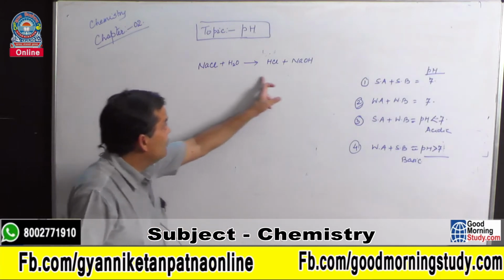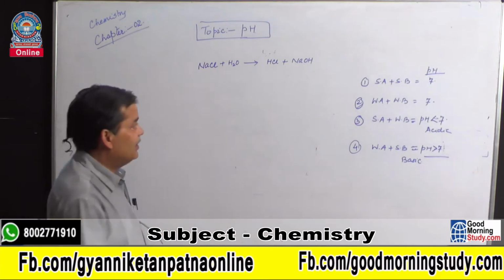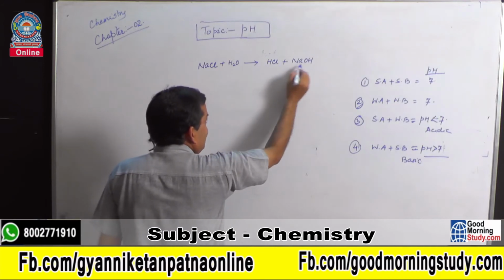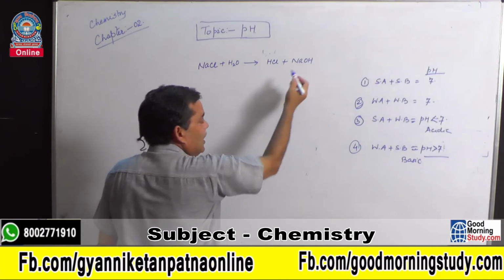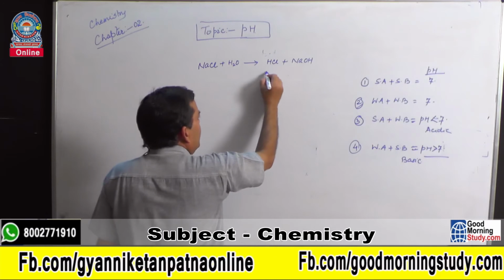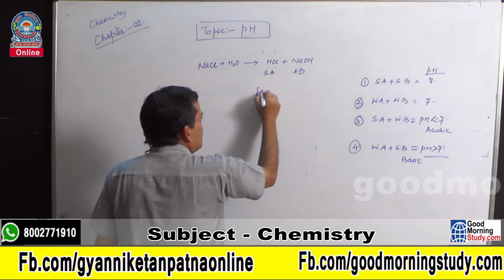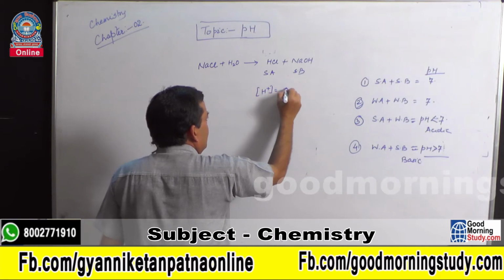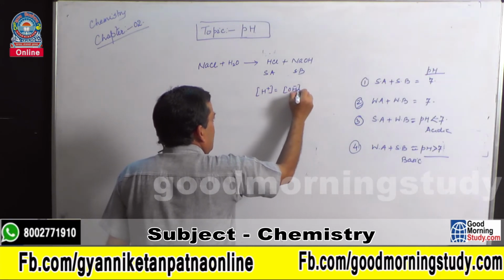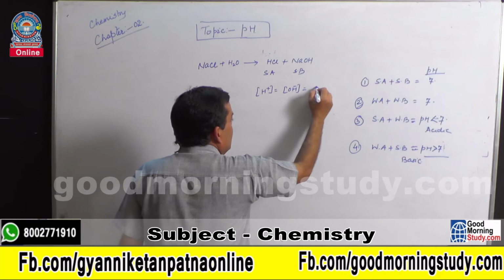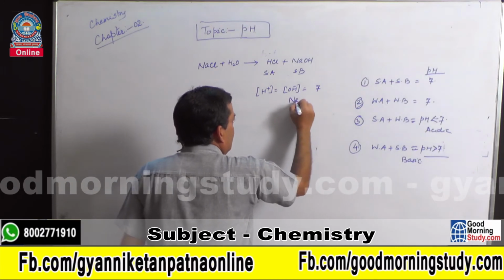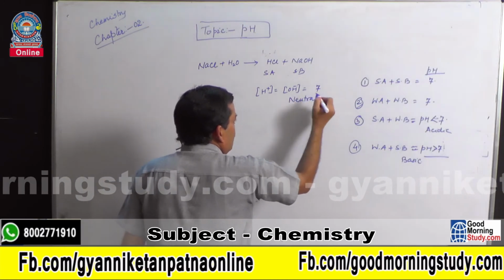So in the case of NaCl, let us see the nature of HCl and NaOH. HCl is a strong acid, NaOH is a strong base. In this case, the concentration of H plus ion is equal to the concentration of OH minus ion, so the pH will be 7 and the solution will be neutral.